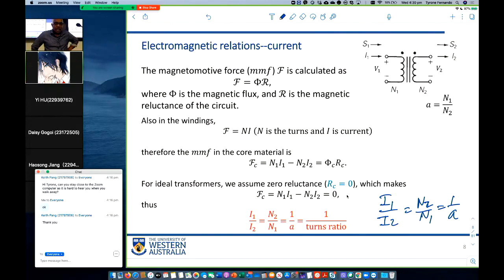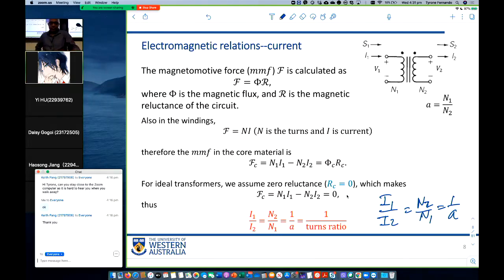So then we have the equation N1I1 minus N2I2 equals 0, which gives us the equation I1 on I2 equals the inverse of the turns ratio. And we know from the previous slide that V1 over V2 is the turns ratio.